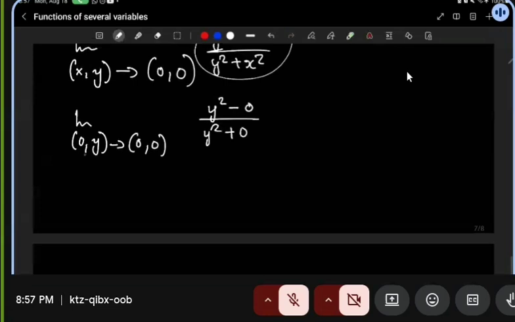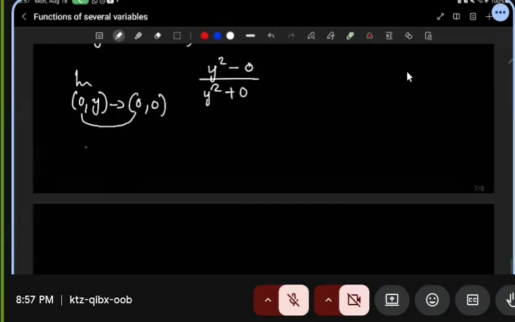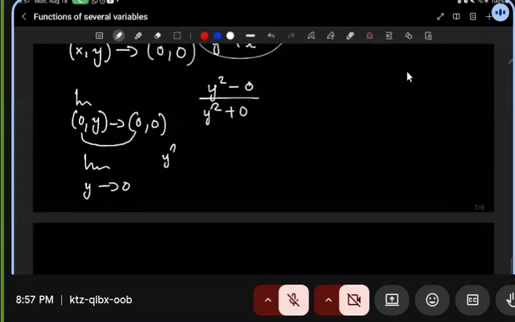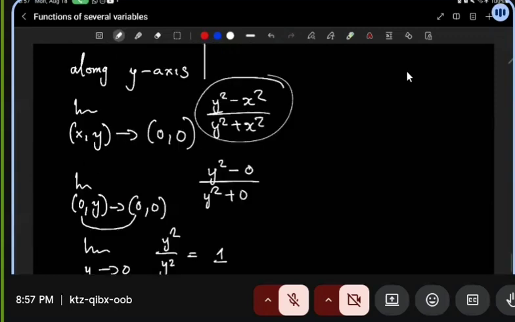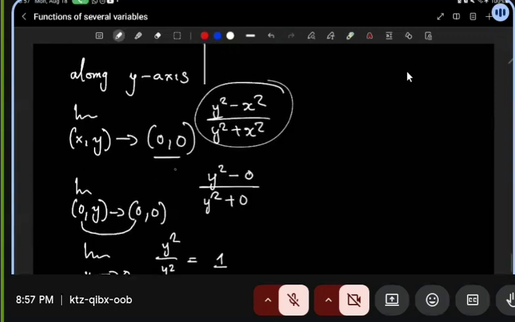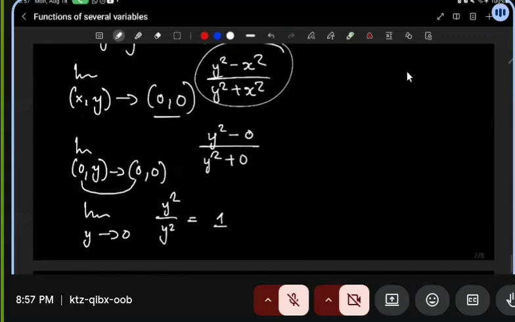Since x is not changing, it is 0, our limit reduces to just y approaching 0. No need for us to factor in x. And this is y squared over y squared, which is just 1. So if we approach our point 0, 0 along the y-axis, our limit reduces to 1.